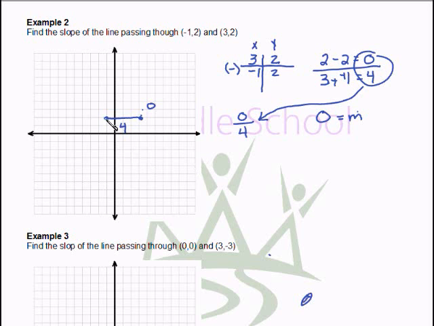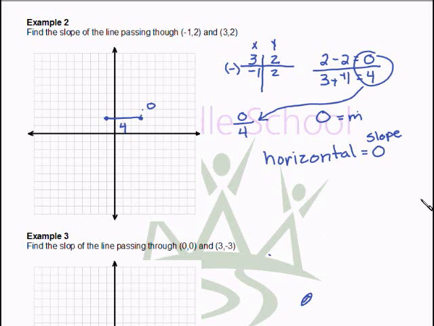When your line is horizontal, your slope will always be 0, because it's not a hill. It's not going up, it's not going down. It's not positive or negative. It's just a straight road.